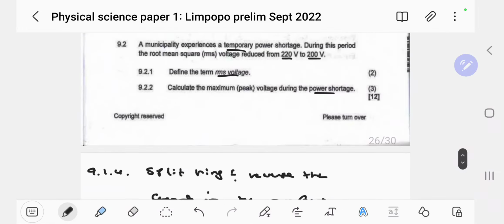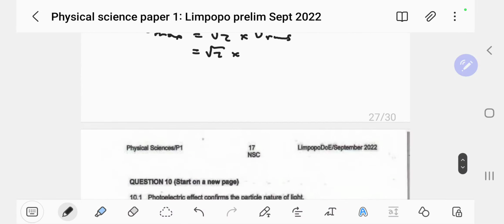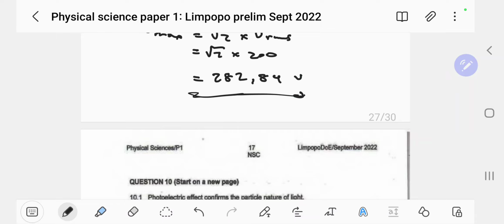Now they said it dropped from 220 to 200, so we're going to use the 200 during the shortage. So we have here the square root of 2 times 200. So this is going to be 282,84 volts. So as you can see, the max is much bigger than the RMS voltage that we got.